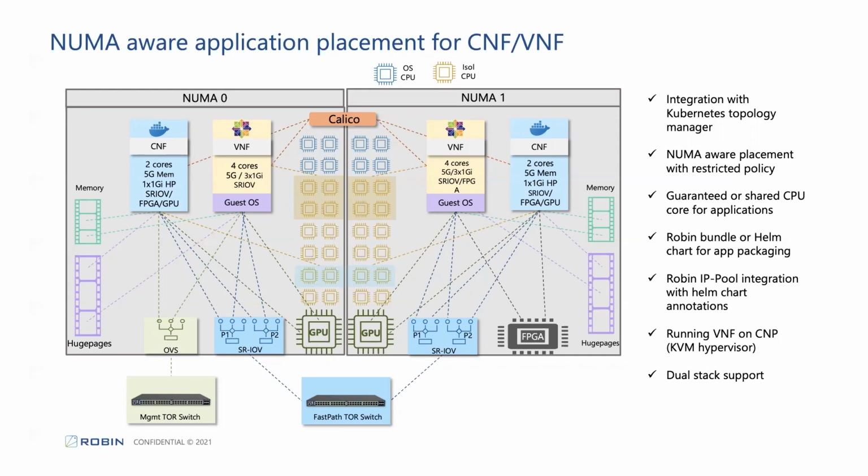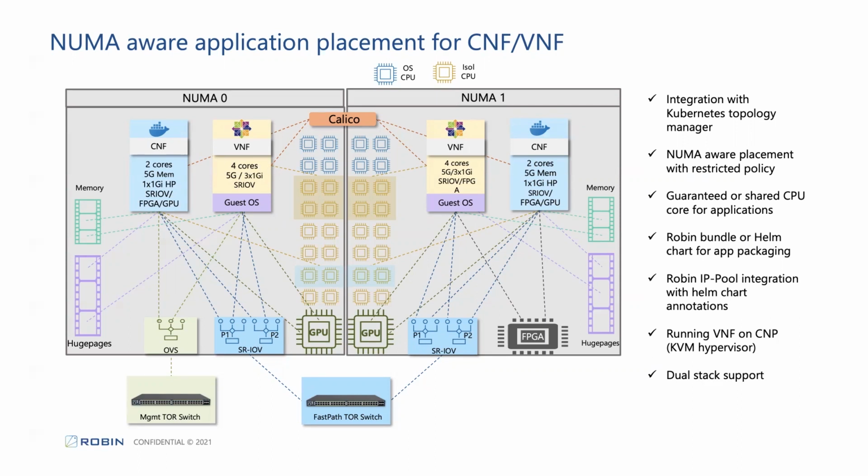So the key condition for achieving the best performance on these edge applications for these x86 servers is having resources from the same NUMA node. If you are crossing the NUMA boundaries and consuming a resource from another NUMA node, then your performance would be degraded up to some level.